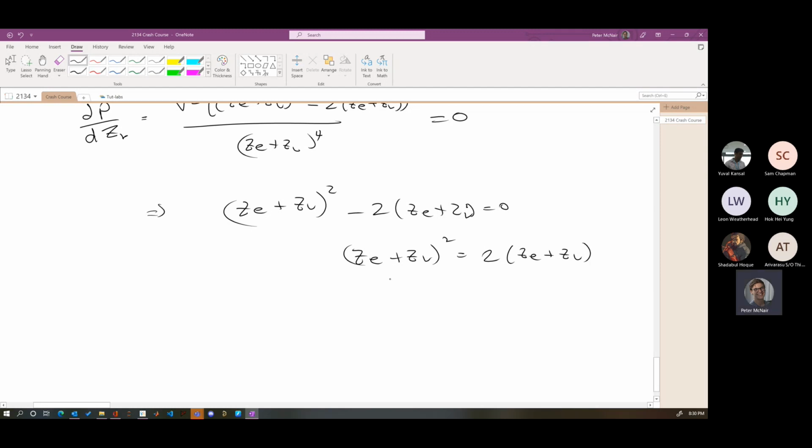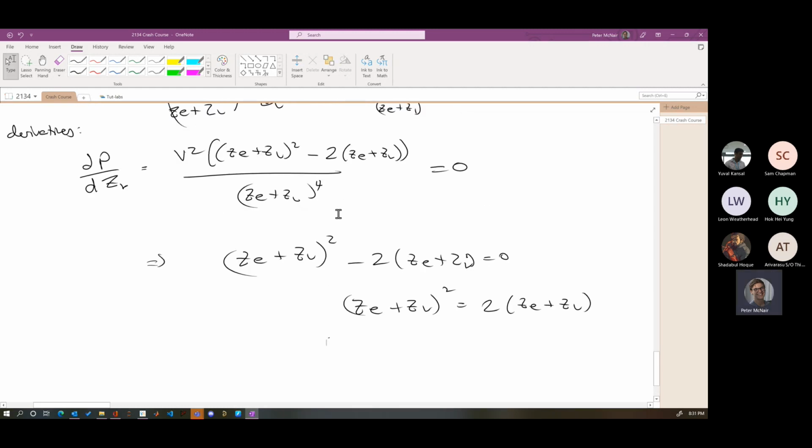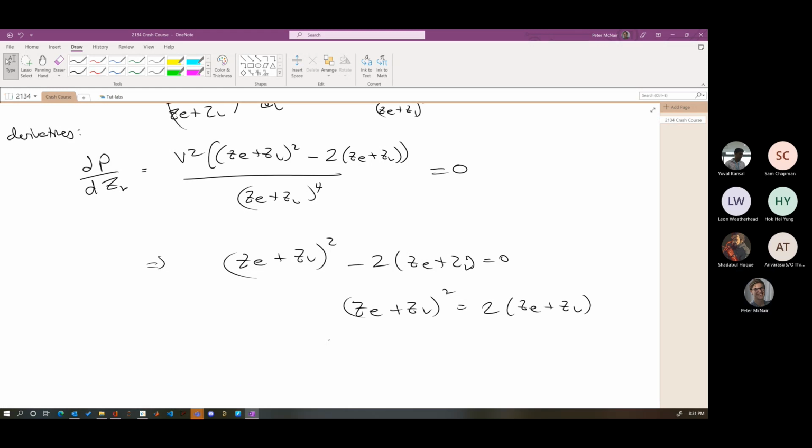Now we can also convert these into the real part and the imaginary part. So if we had ZE squared plus 2 ZE ZL plus ZL squared is equal to 2 ZE plus 2 ZL.